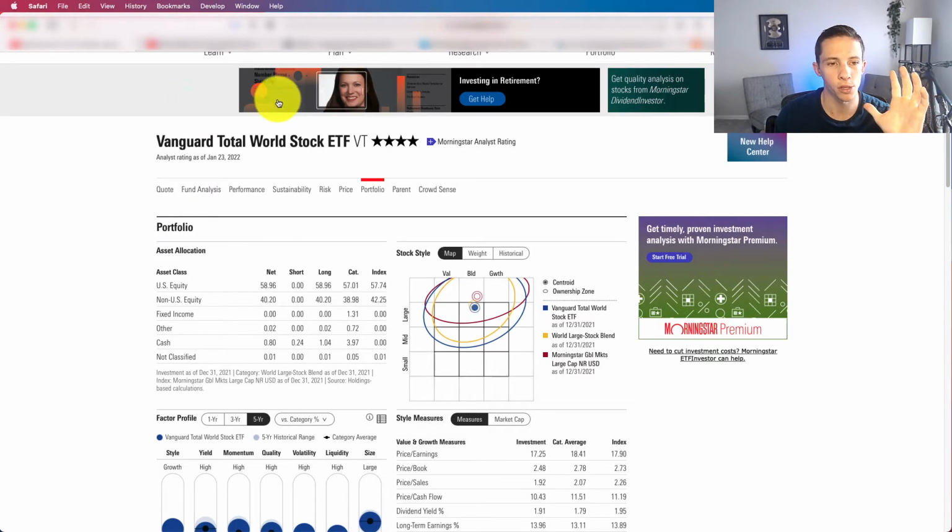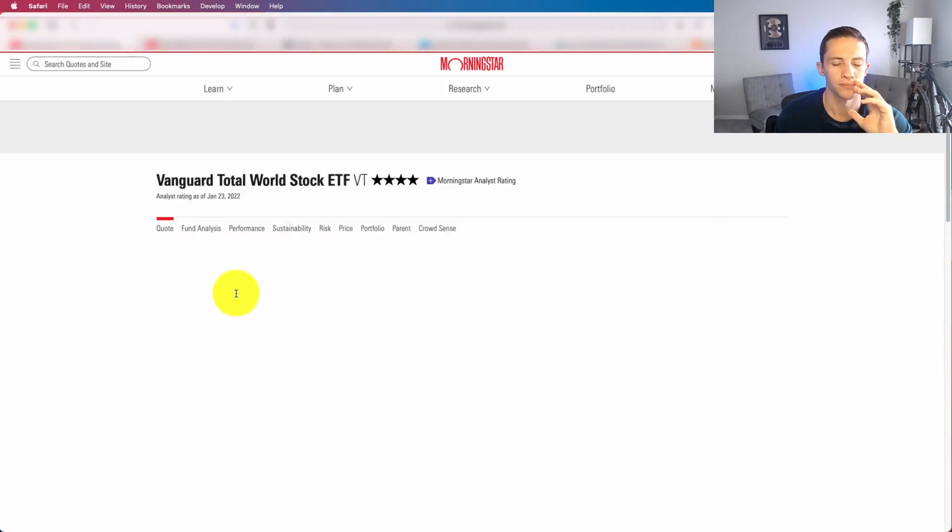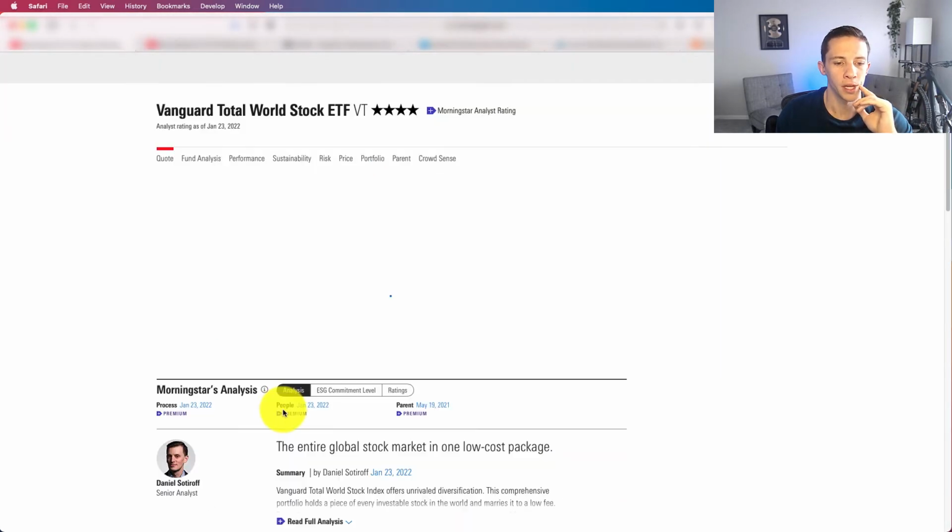Foreign stocks, international stocks, they have not been performing as well for the last few years. So let's just look at that. We'll come back here. We'll pull up the interactive chart.